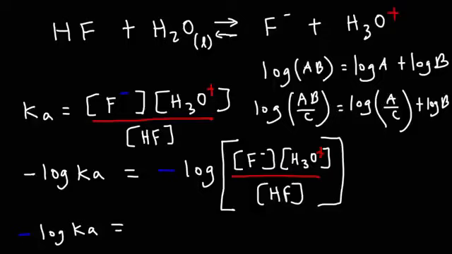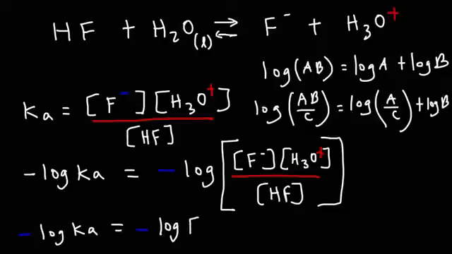and that's going to equal, so we need to distribute the negative sign, so keep that in mind, negative log, we're going to have A over C. Actually, let's write log B first.